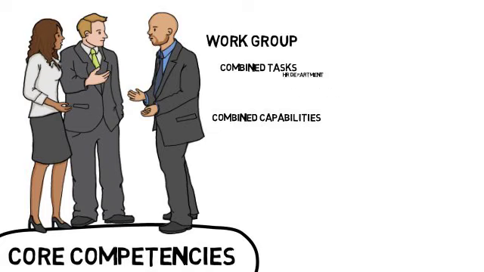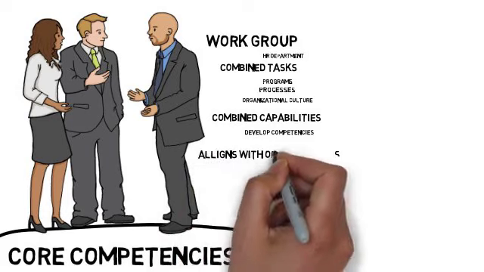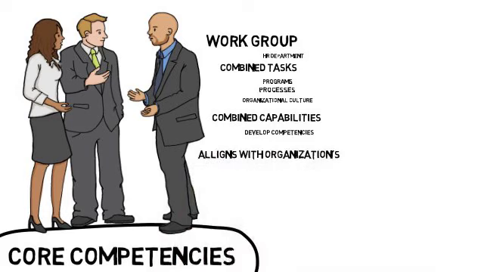For example, the HR department of an organization will create programs, processes, and an organizational culture that supports the organization's unique human resource needs. The jobs within the Human Resource Department develop competencies needed for the department to successfully create and maintain programs, processes, and an organizational culture that aligns with and supports the organization's unique capabilities and core competencies.